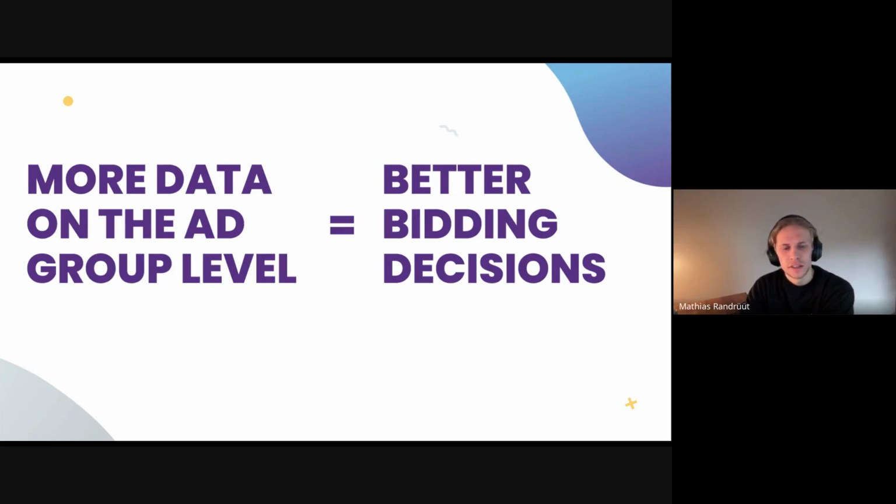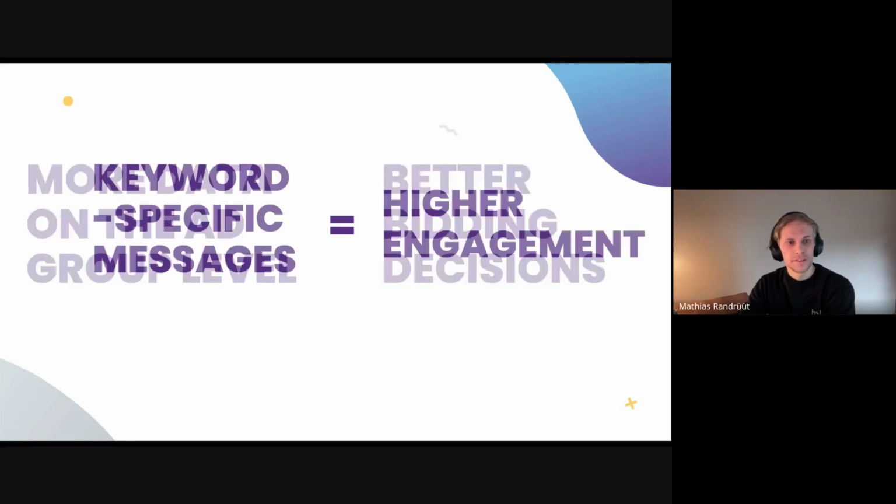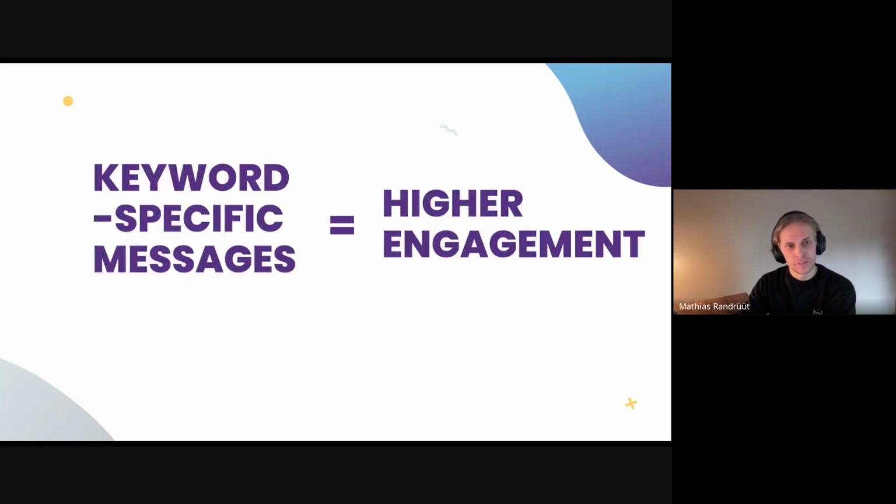And in an e-commerce account, for example, this might not be such a problem, while in a business-to-business account, we have highly limited search volumes, and therefore consolidation is even more important. Also, when we can provide keyword-specific messages, we have likely higher engagement, which is definitely useful for us.